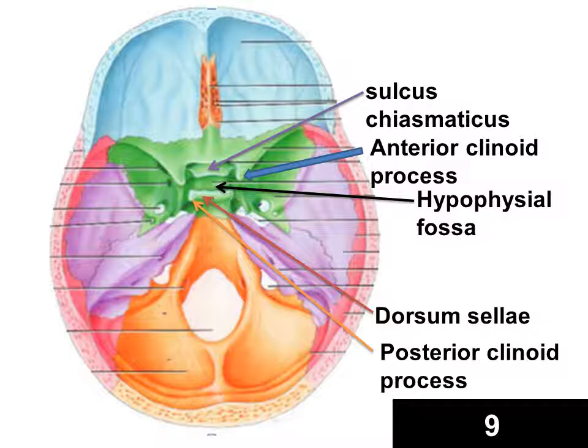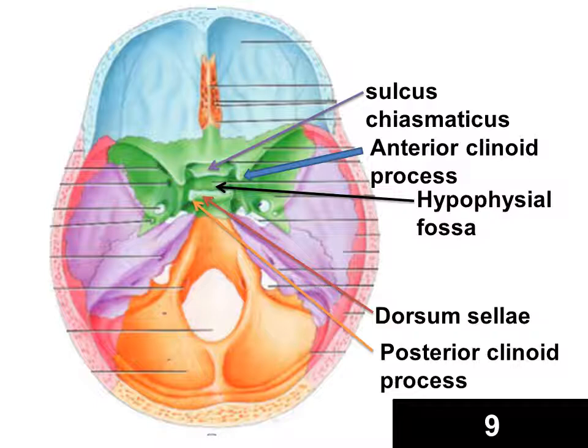Behind it we have a shallow groove that we call the sulcus chiasmaticus, or chiasmal sulcus, which is occupied by the optic chiasma. This groove leads on each side to an opening. This is the posterior opening of the optic canal, which opens into the cranial cavity, and through it passes the optic nerve.